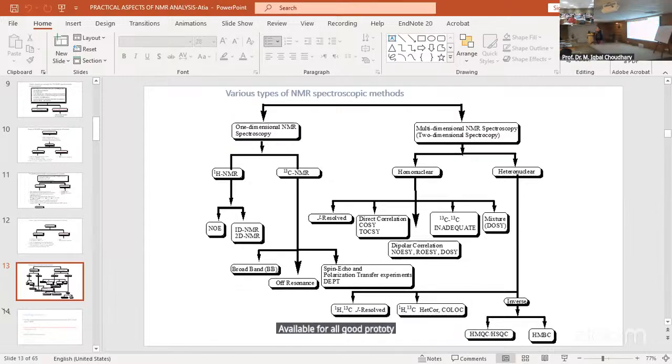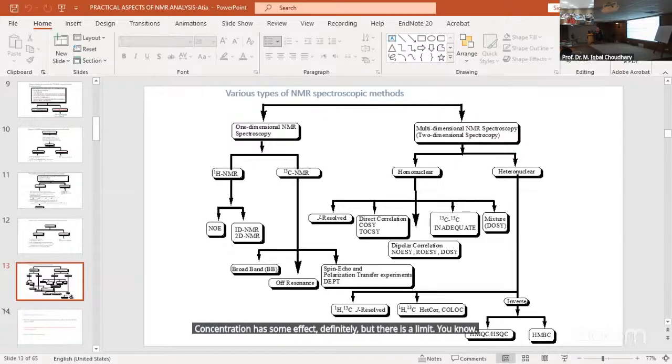because we have very good instruments now, all of them the most upgraded ones. There is one question, what is the effect on the sensitivity? Concentration has some effect, definitely, but there is a limit.